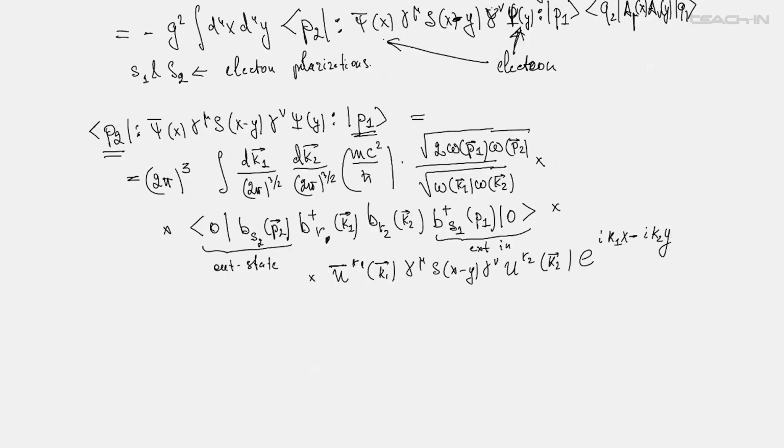Any questions here? Is it clear where I have taken this expression? Professor, here we have assumed R1, R2. There is a summation over this R1 and R2. We are summing over these indices. Okay, perfect. So R1 and R2 are two possible polarizations of an electron.